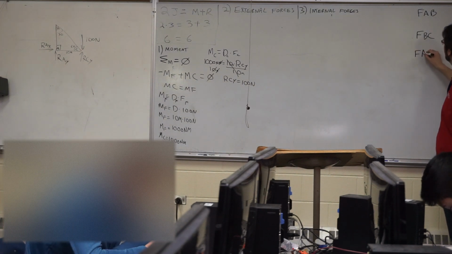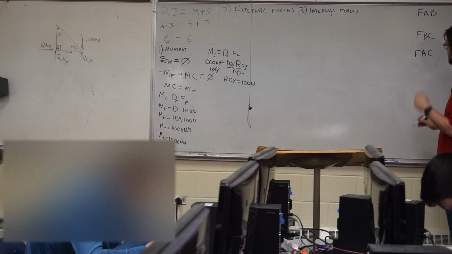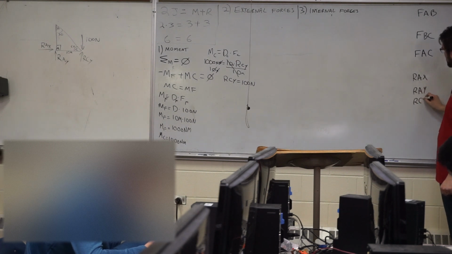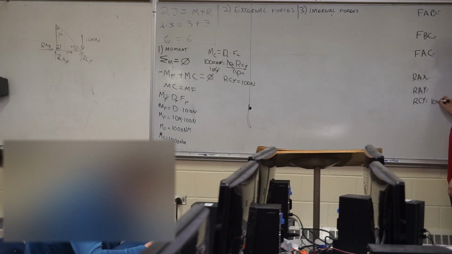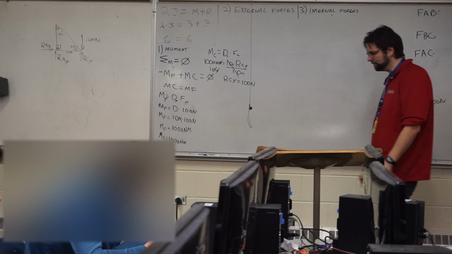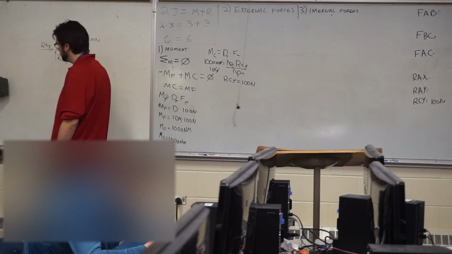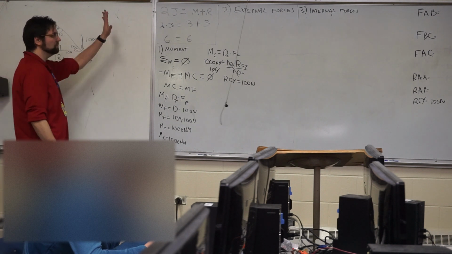AC. AC is something I'm going to need to know. And RAX, RAY, and RCY. And we already know RCY. I'm going to put that here. All right. So that's step one.